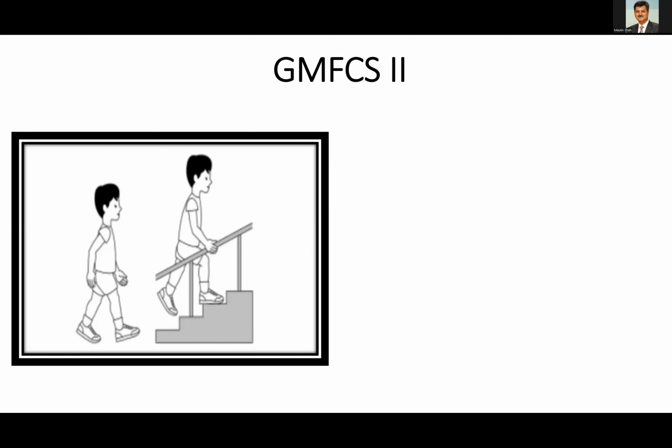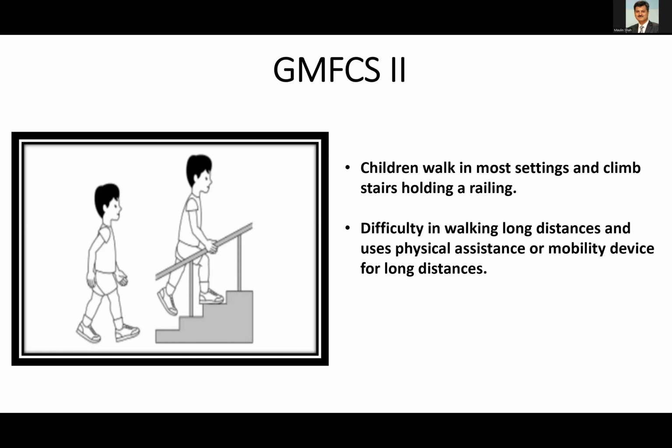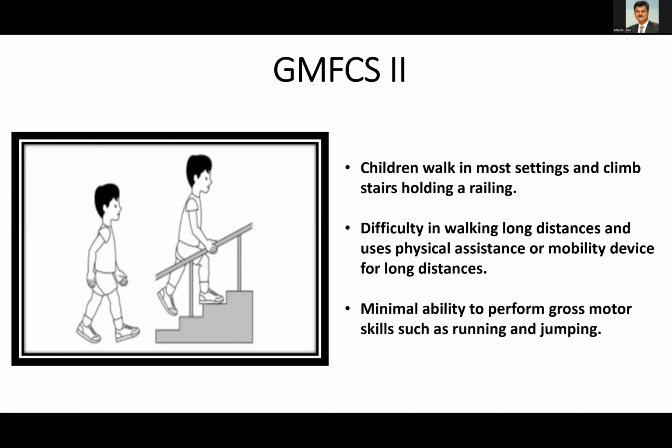Then GMFCS 2, here the child can walk in most settings, but he needs to hold a railing while climbing stairs. He has difficulty in walking long distances and uses physical assistance or mobility devices for long distances. And he has minimal ability to perform gross motor skills like running and jumping.